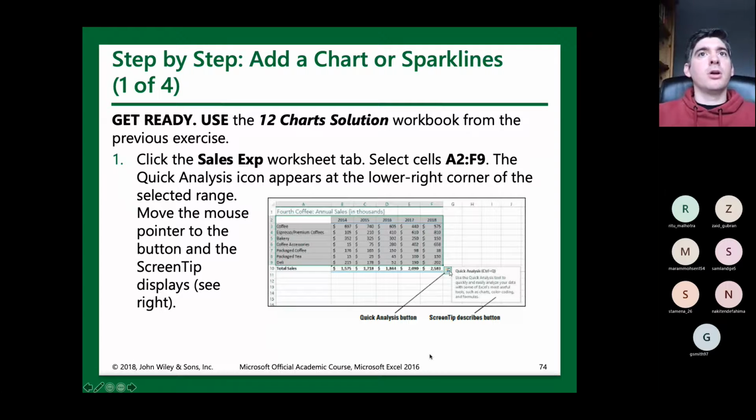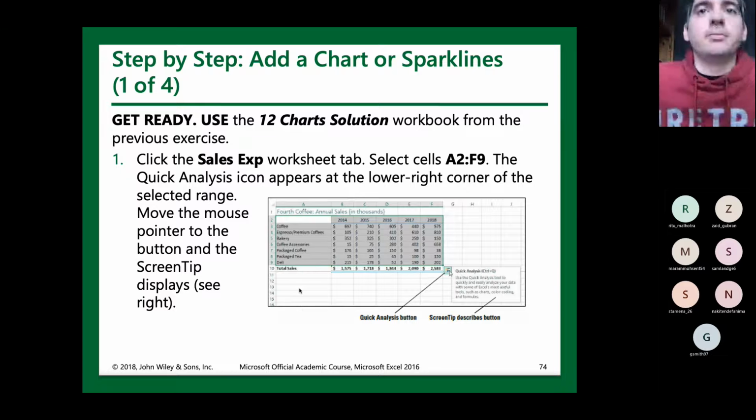So we're going to go to the 12 chart solution file. So I'm just going to try and get that one up. Oh no, sorry, that's from the previous exercise.